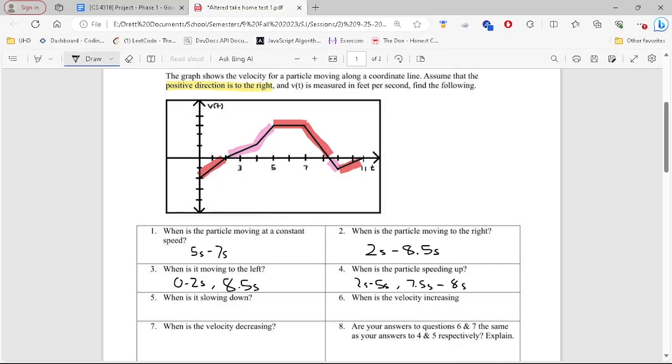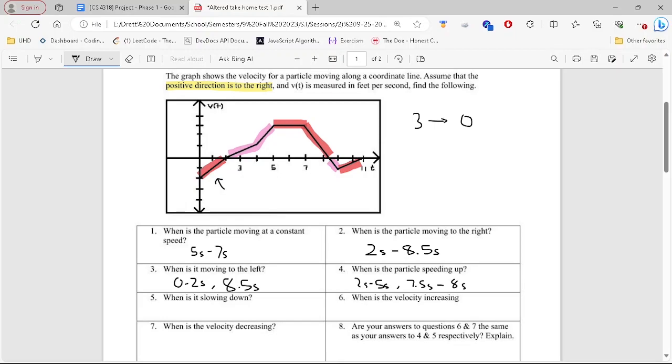If the speed is 3, it goes from 3 to, let's take this point, 7.5, 8.5 seconds. So at 5 seconds, the velocity is 3 feet per second. At 7.5 seconds right here, and 8.5 seconds right here, it goes to 0. So we can see that this decreases.